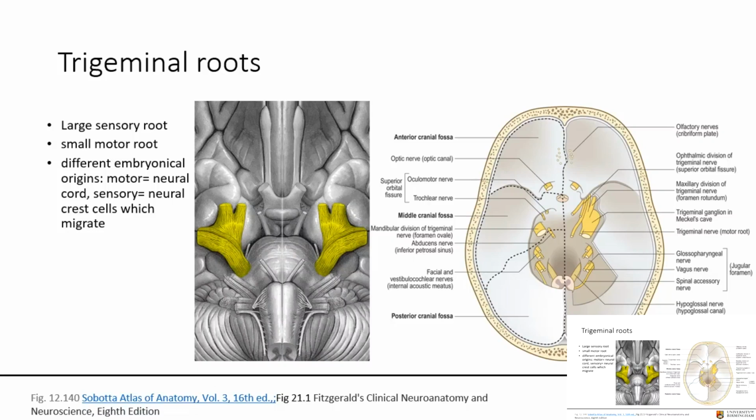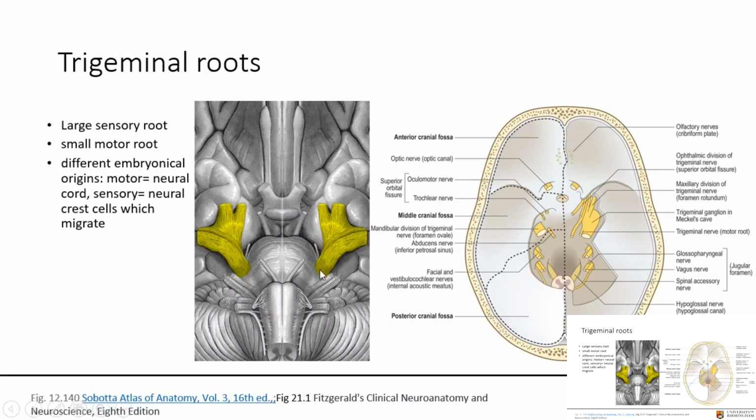The location of the trigeminal ganglion in the skull is in the middle cranial fossa, in a depression that is called Meckel's cave or the trigeminal cave. So it's just an indentation where the trigeminal ganglion is located. And here you can see the ganglion where it is located.